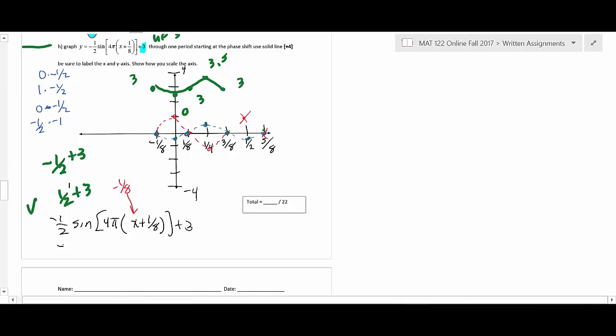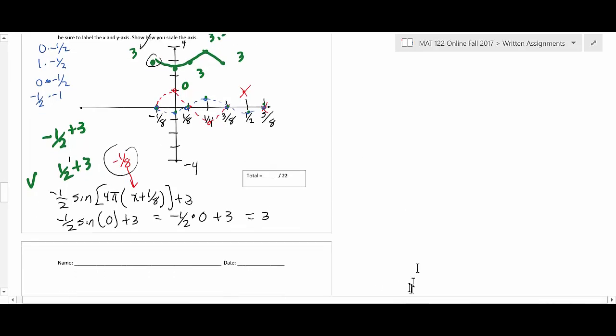You can do this in your head. So you're going to get -1/2 sine of 0 plus 3. Okay, that whole thing is going to go to 0. So that's -1/2 times the sine of 0, which is 0. Therefore, that's equal to 3. And if you look at that point, see, that's what we got. When x is -1/8, we got 3. It takes very little of your time to do that.